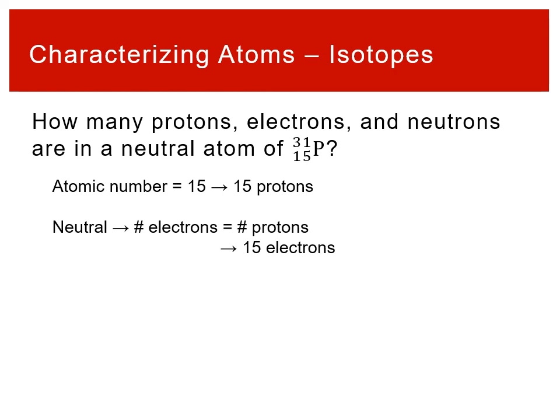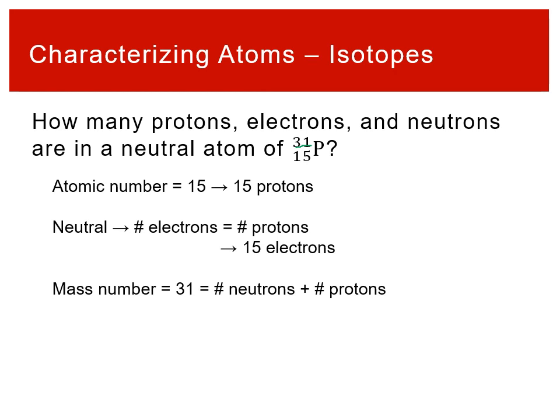Okay, so we've got protons, we've got electrons, finally neutrons. And we know that the way that neutrons impart properties on the atom is through mass. Our mass number in this case is 31. We're given that information from the nuclear symbol, that 31 right there. And we know that the mass number is the number of neutrons plus the number of protons.